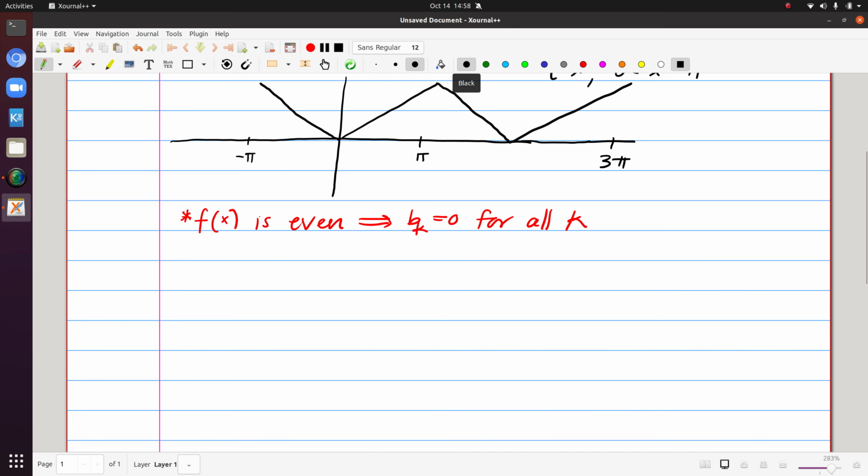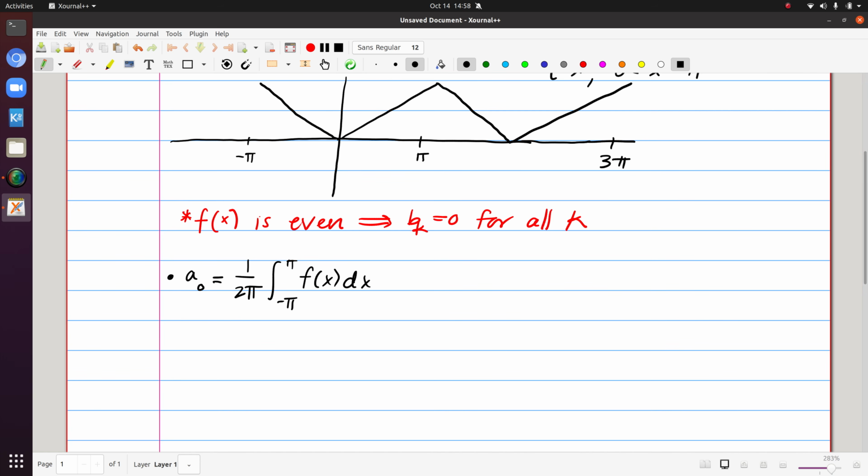So this means I only have to go through the process of finding a sub 0 and a sub k. We can't assume that those are going to be 0. So a sub 0 is 1 over 2π, the integral from minus pi to pi of f of x.